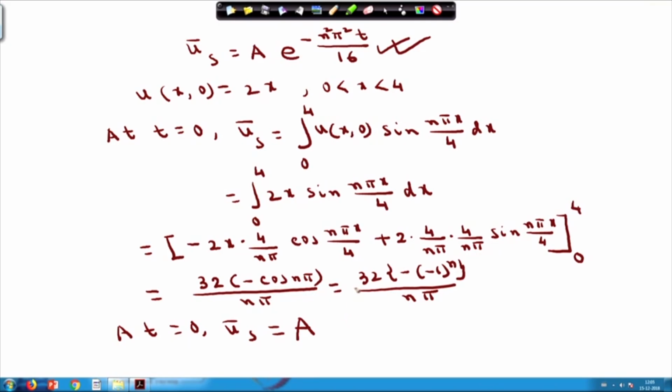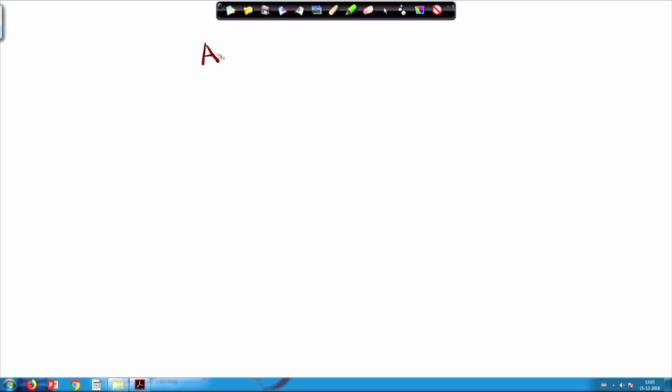Using these two, A equals 32 into (−1)^(n+1) divided by nπ.